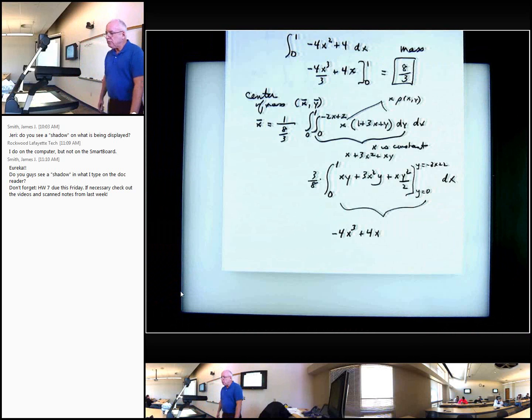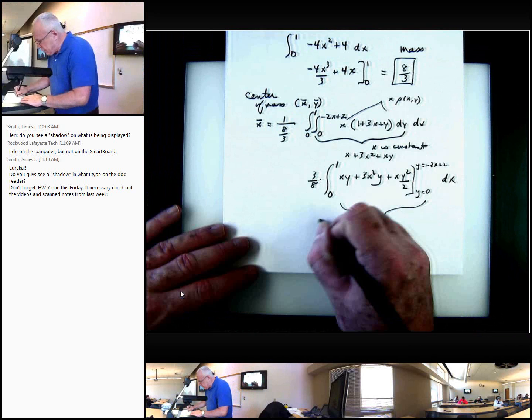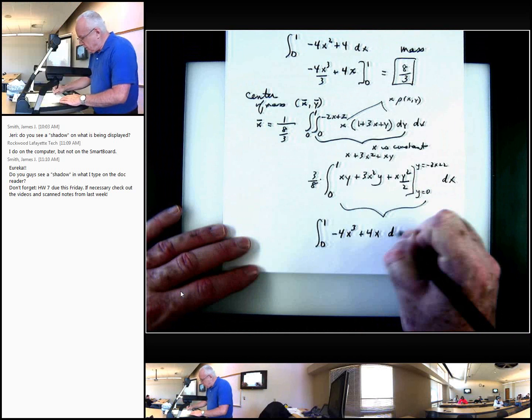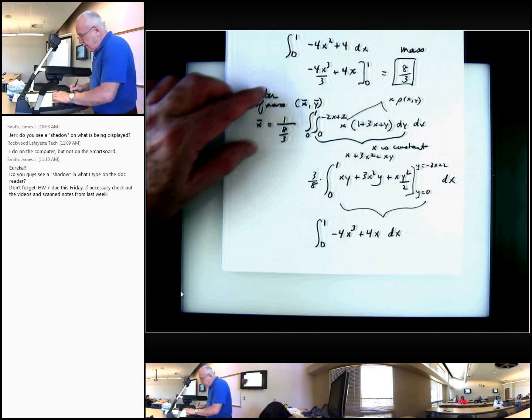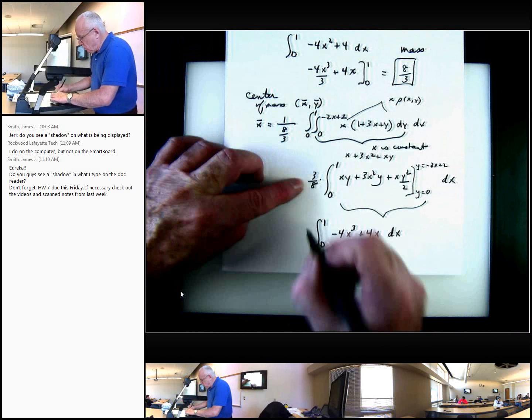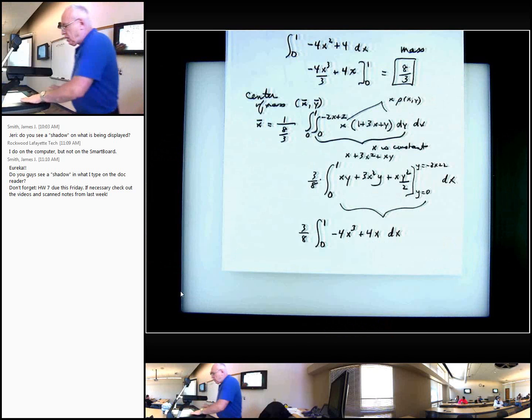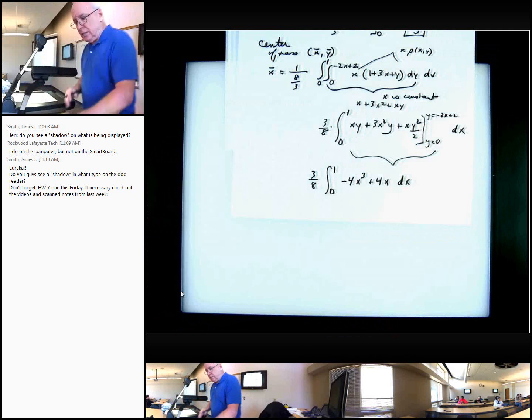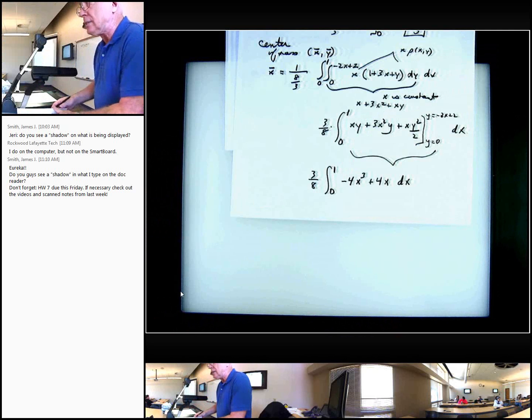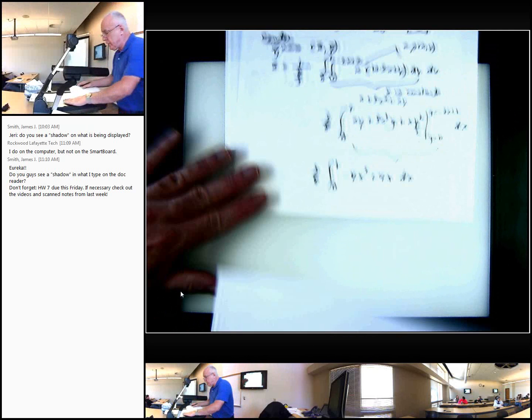So minus 4x to the third plus 4x, integral from 0 to 1 dx. And then in the front, we're multiplying by the 3/8. So now we get the antiderivative of this, which is just like the one before. It's fairly easy to get.